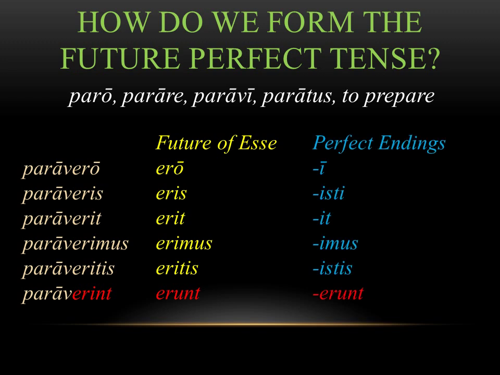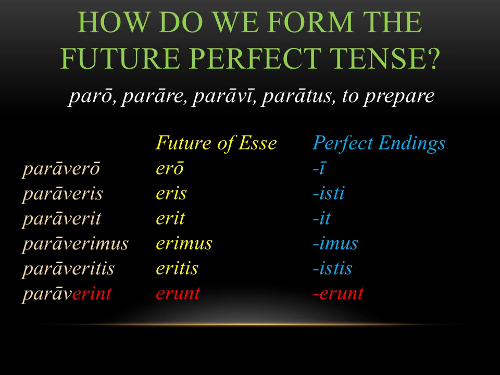If we think back to our perfect tense endings, you'll see that the third person plural is also erunt. This is a problem because the future perfect is using the third principal part of the verb for its stem. So if we took the third principal part of paravi, dropped the long I, and added an erunt, you'd be creating the perfect tense, not the future perfect.